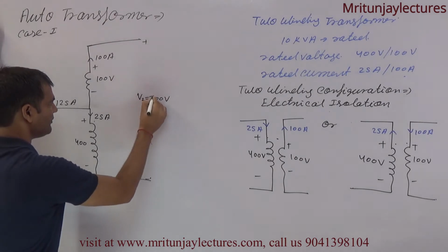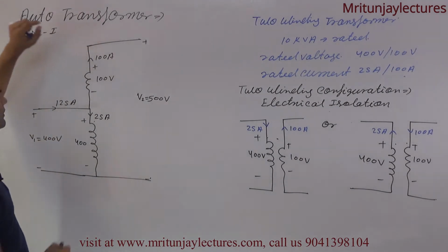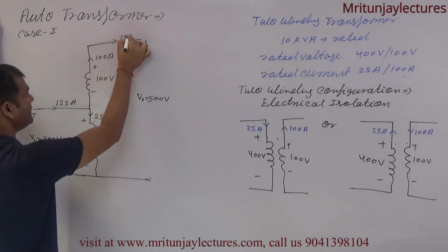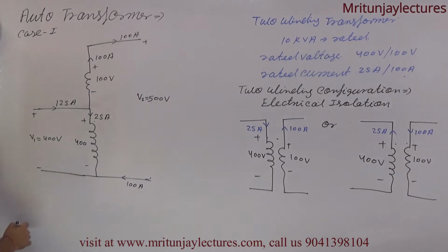Now here V1 is 400 volt. Clear? What about current? 100 ampere, it is also 100 ampere. Okay, now 125 ampere. Clear?